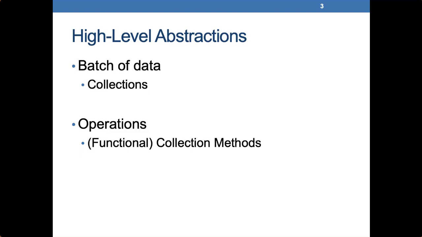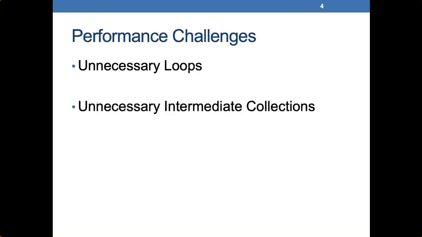So this modularity and nice compositionality that they provide doesn't come for free. There are going to be performance challenges with them. So, for example, in the context of collections, all these higher order functions are basically looping over the data. And if we are not careful about them, it would lead to unnecessary loops over the data.